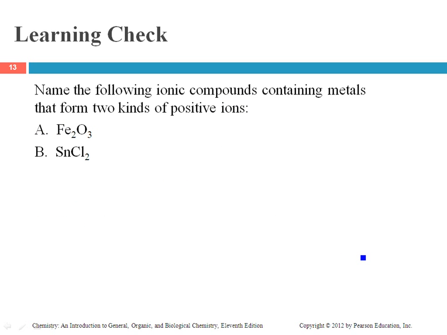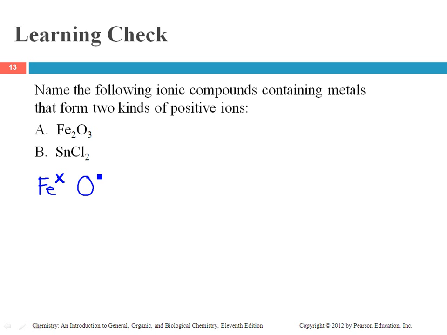Let's name the following compounds. So we have iron. First thing we notice, iron is a transition metal. We know we're going to have to use Roman numerals when we name. We have a metal and nonmetal, so we know that we have an ionic compound.